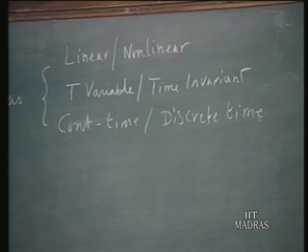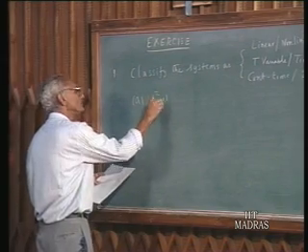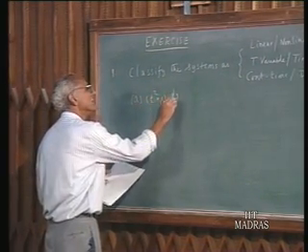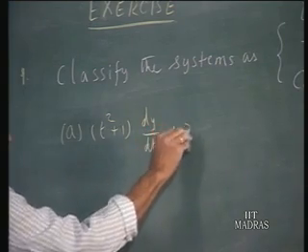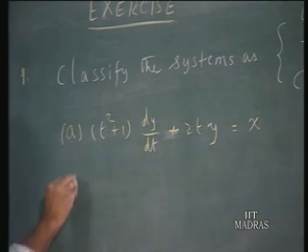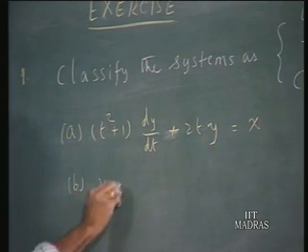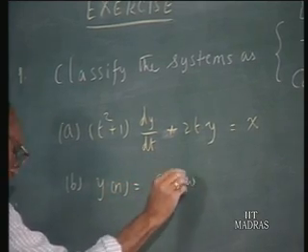So the equations are: A, t squared plus 1 times dy by dt plus 2ty equals x. B, y[n] equals cos(n omega) x[n].